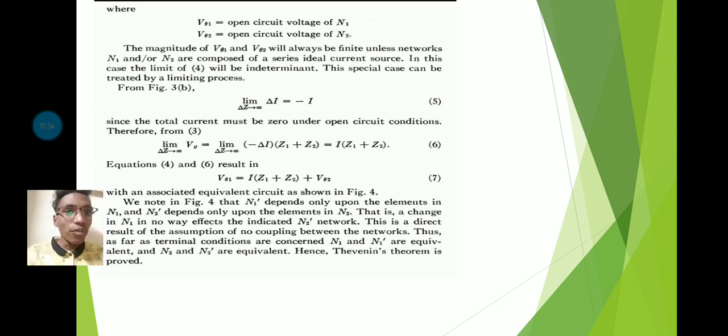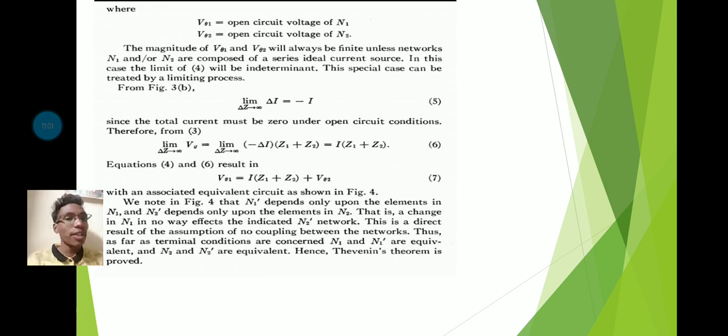The magnitudes of V1 and V2 will always be finite unless networks N1 and N2 are composed of series ideal current sources. In this case, the limit of the fourth equation will be indeterminate. This special case can be treated by a limiting process from fig 3b.